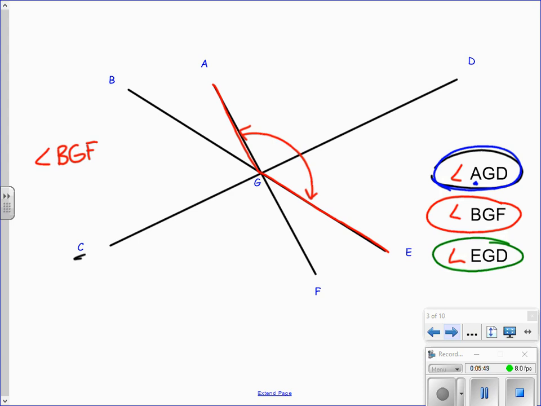Hopefully you're thinking to yourself, well, that is angle A, G, D. No, it's not D, it's an E. My bad. A, G, E. Or maybe you went the other way. Maybe you went backward. Maybe you went E to G to A. Either way is fine.